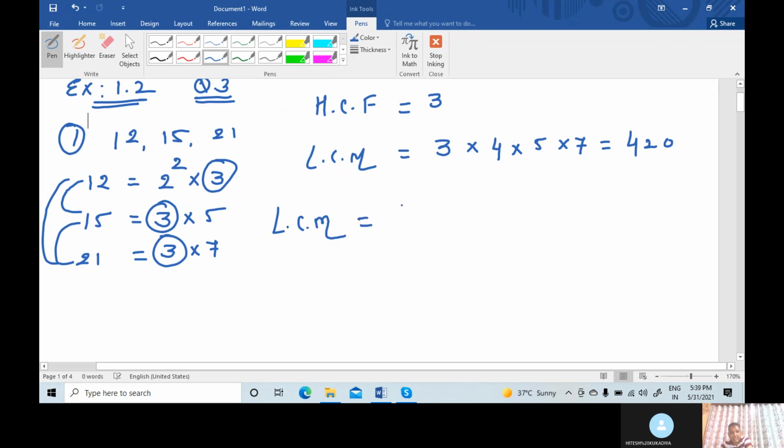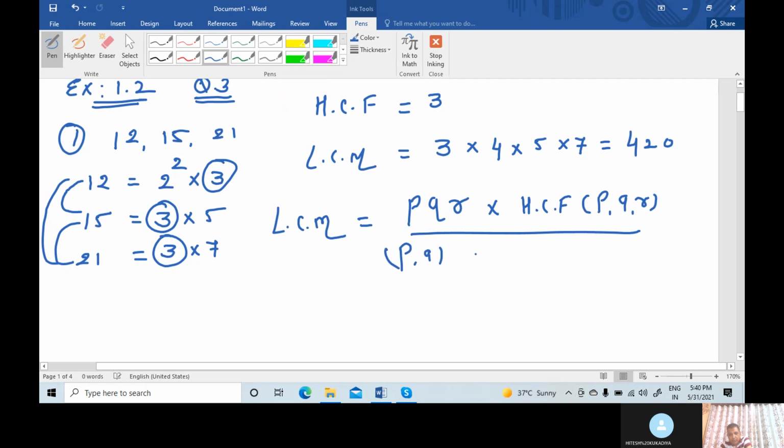We find the LCM of 3 numbers using this formula: P Q R multiplied by the HCF of the 3 numbers, divided by HCF of PQ, HCF of QR and HCF of PR.